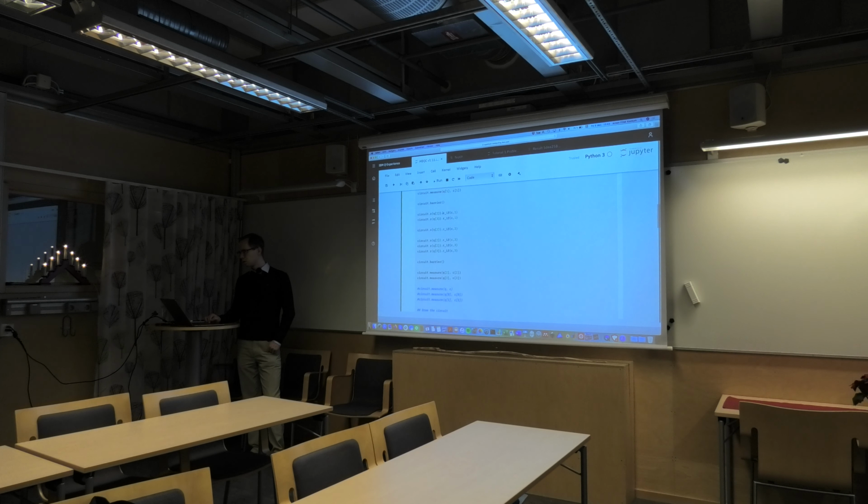What this means is that you take the circuit and you do the operation Z on qubit 2 if the classical register is 1. Here I do X on qubit 2 if the classical register is 2.